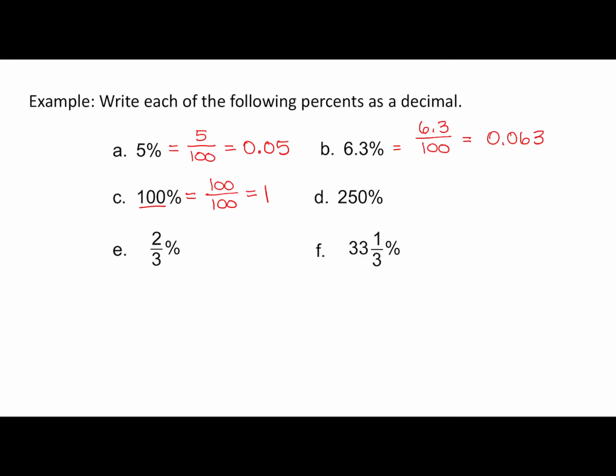And again, let's do one more, 250 over 100 gives me 2.5.